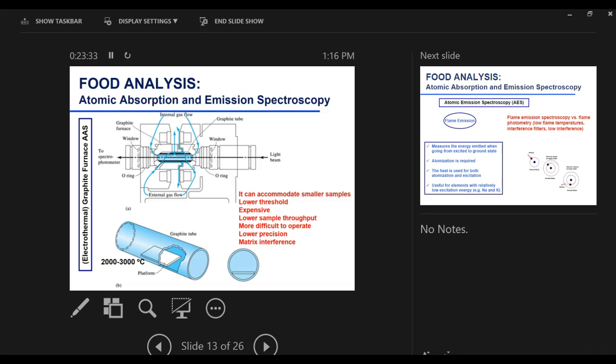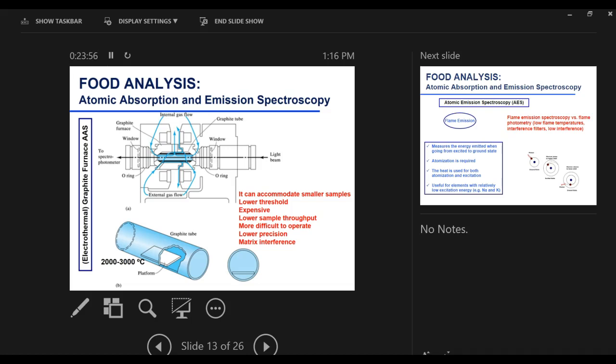Okay, so everything else is pretty much similar, except that you don't have a nebulizer here, and you can put in a very small amount of sample. If you remember, those of you that did the lab, you had at least 10 milliliters of sample, and you have to have that much because aspiration takes a lot of sample out.